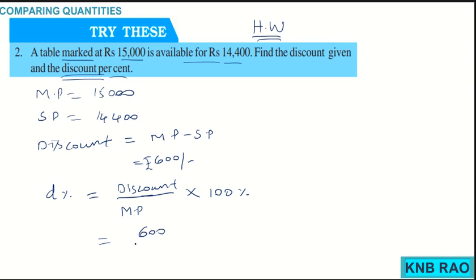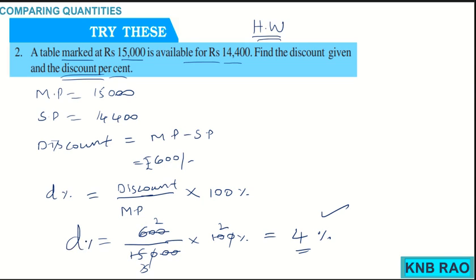So 600 out of 15,000 into 100. Here 2 zeros cancel with this, and here zeros cancel. 5 2s are 10, 5 3s are 15, so 2 into 2 gives 4% as the discount percentage.